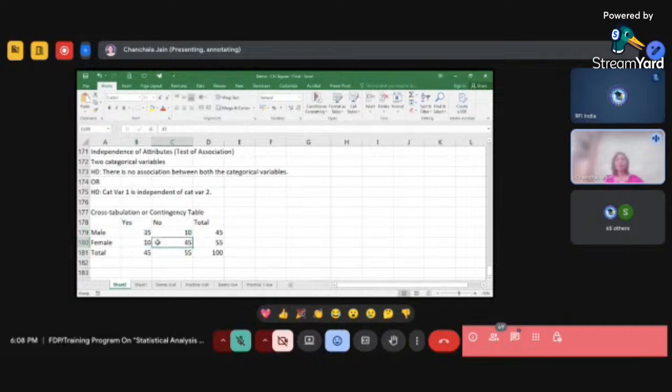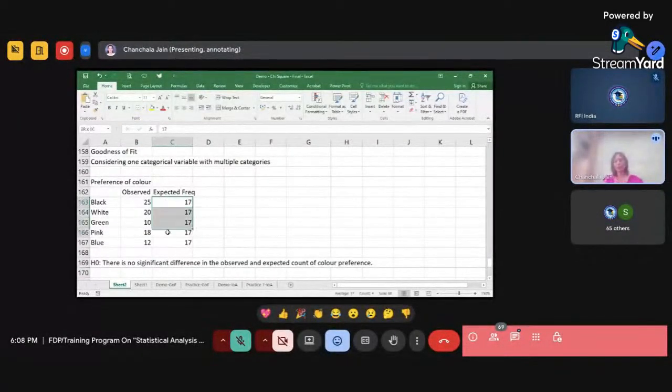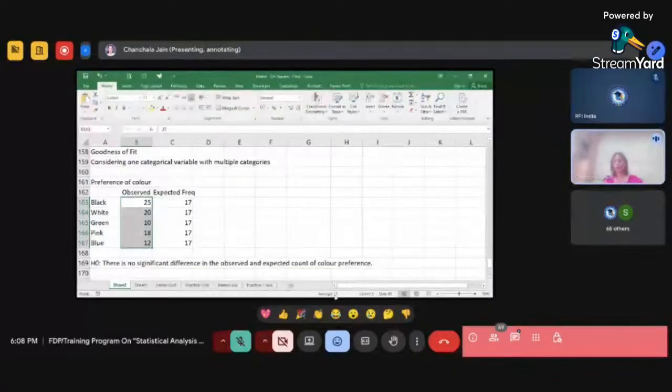In case of goodness of fit, you have seen how I calculated the expected frequency. I took only the average of this. You can see I selected the column, and if you can see my screen clearly, at the bottom bar you can find it is showing the average is 17, and the same I have written down here, right?